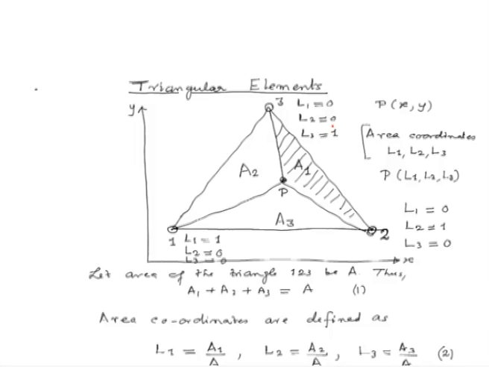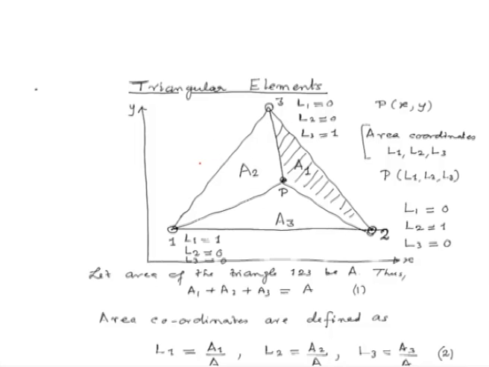Some more things which you can observe: along line 2, 3, if P lies on the side 2, 3, A1 would be 0. So, the L1 coordinate along this line would be 0, and L2 and L3 will range from 0 to 1. The same holds good along the side 1, 3, where the L2 coordinate would be 0 for all the points.